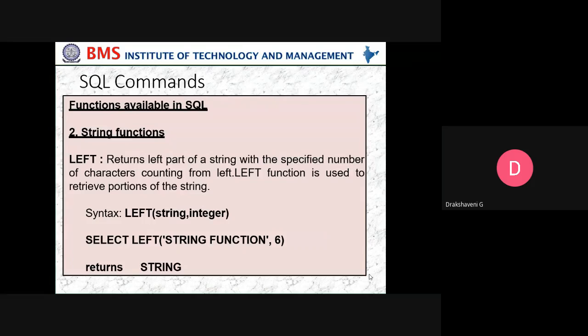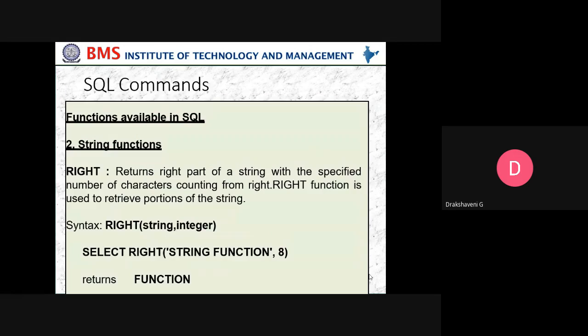Then you can specify the built-in function called left, and specify the string from which you want only the left part, and you can specify the size you want. So here you can see this example, select left, string, and the size we want, how many characters, only 6. So when this function is executed, it will return a string.